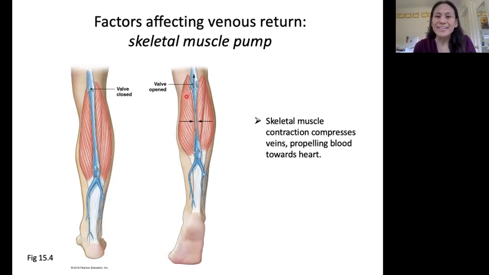This is what you're doing. You are activating your skeletal muscle pump, right? You're contracting your skeletal muscles so that you can propel your blood out of your veins and back to your heart, so that it can be distributed more evenly across your circulation. Okay.